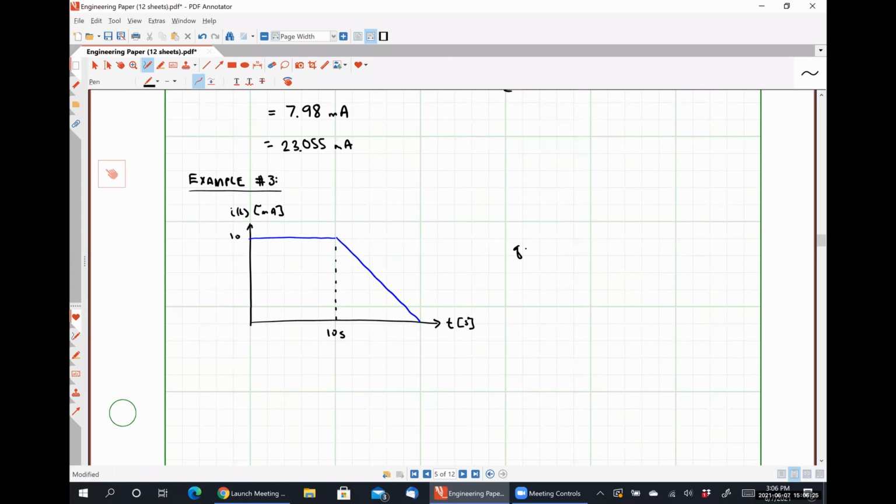So we're looking for Q over the time interval 0 less than T less than 20 seconds. And we are told that the charge entering our circuit element at T equal to 0 is negative 25 millicoulombs. How would we go about approaching this problem?